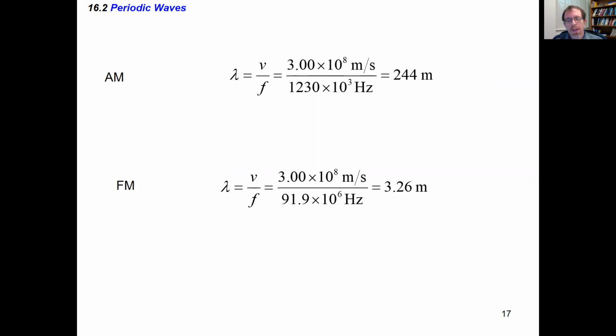It's these differences in wavelengths that explain some of the different behaviors that we see in FM and AM radio waves. You can pick up an AM radio station from much further away than you can pick up an FM radio station.